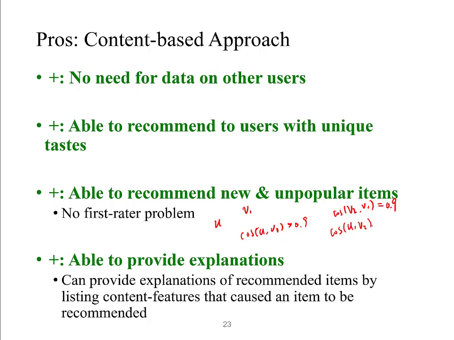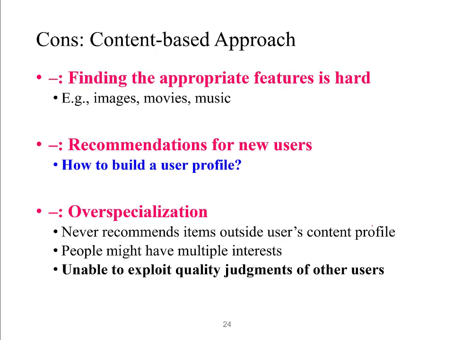Now, these are the good things about the content-based approach, but there are several bad things as well. The first one is that we need to find the appropriate features, which is hard for some data types. For example, for images or movies or music, the features are too few. For movies, if we only have actors, directors, let's say the title, it is not enough.